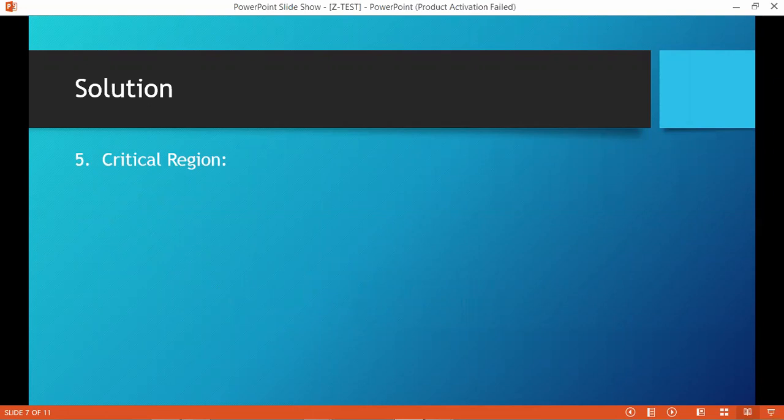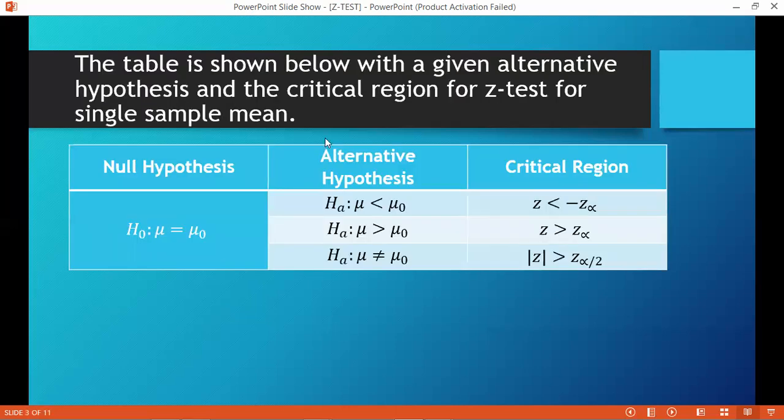Going back to the critical region, balik tayo dito sa table. Diba, ang ating alternative hypothesis uses the symbol not equal to. And so, we are to use the critical region nga kani siya. So, ano mangyayari?